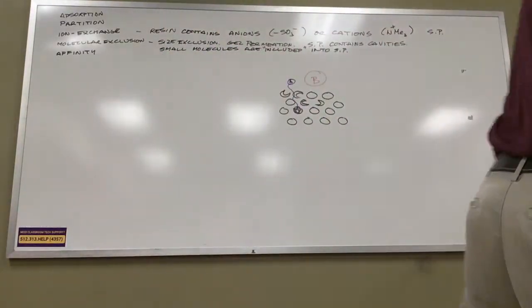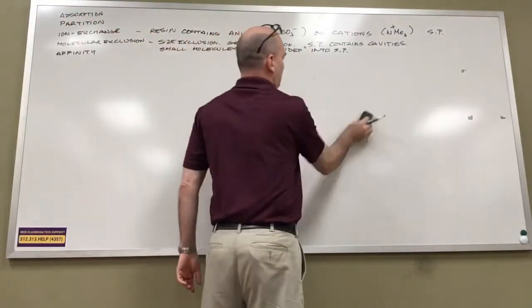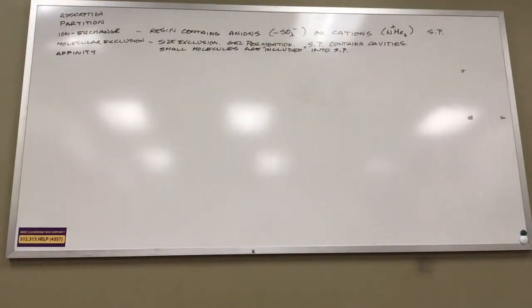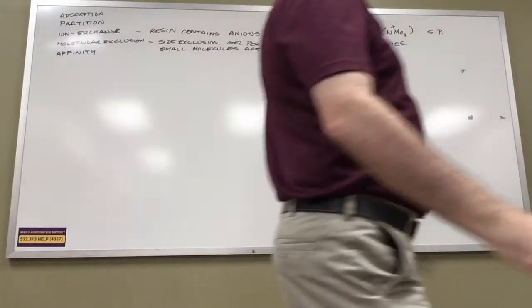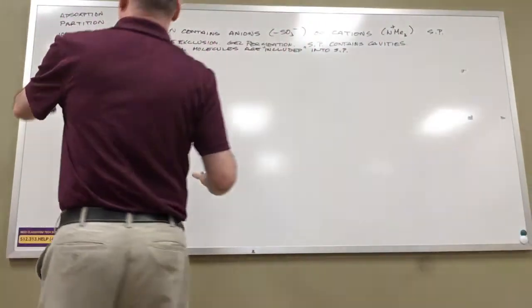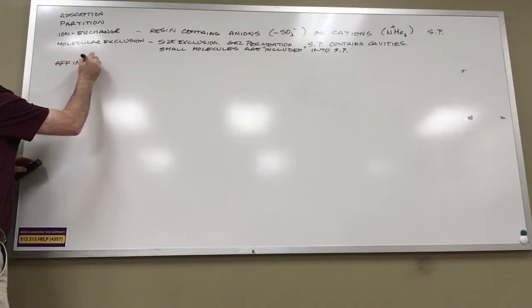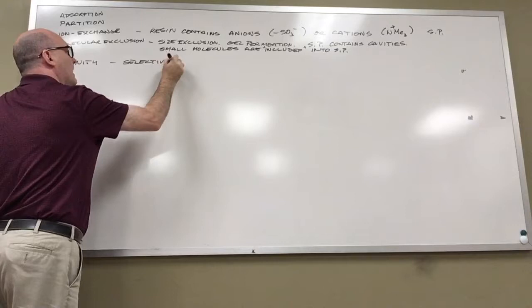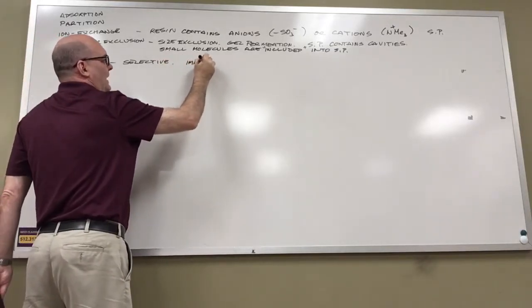And then affinity is just an open invitation. We can design this one to be kind of what we want. Affinity is selective. We can do things like, I'm not sure you have, this is how you spell it.